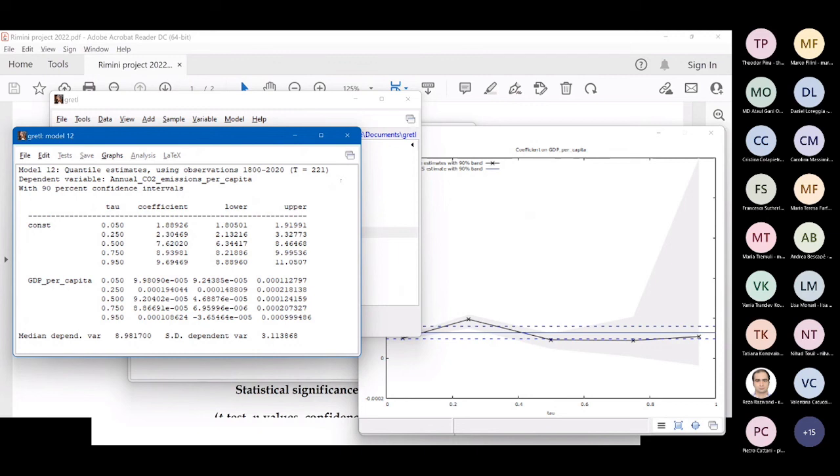Because quantile regression is looking at the different segments of the distribution, it can take into account outliers in a more efficient way, because the outlier would affect what is happening on the specific segment.